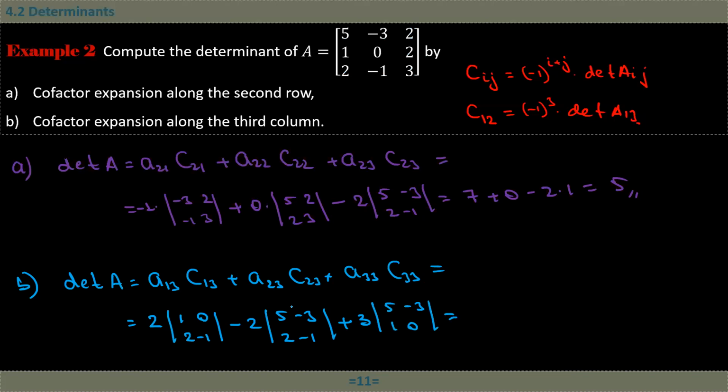Just calculate this: negative 2, minus 2 times minus 5 minus minus 6, so that is 1, plus 3 times 0 minus minus 3, it is 3, which is equal to minus 4 plus 9.